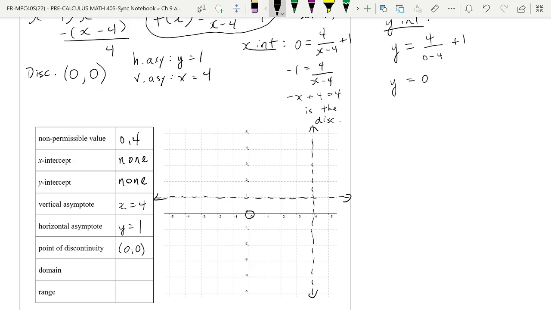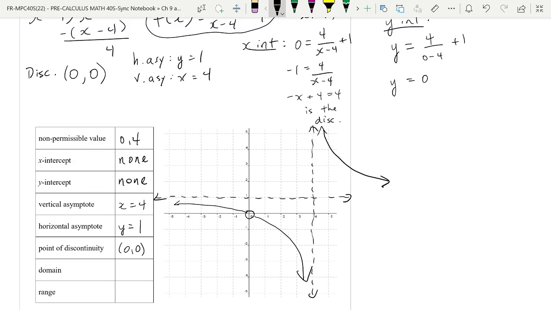And I know that I have two arms. One's over here someplace and the other's over there someplace. I might plug in a couple of values and map them to get some more points. But I'm just going to make a sketch on this one. So I know how it behaves as it heads towards asymptotes. It's going to do something like that. And then up here, the same. Okay, if I wanted it to be more accurate, I'd have to get more points.